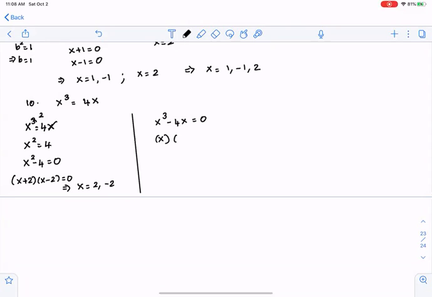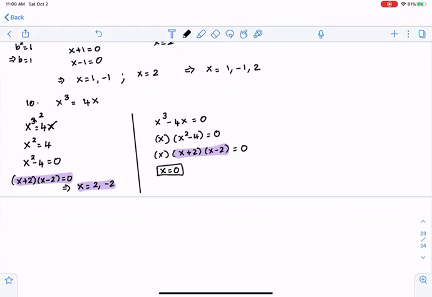If we pull that out, we have x times (x squared minus 4) equals 0. Now I could write x squared minus 4 as (x plus 2) times (x minus 2), so x times (x plus 2) times (x minus 2) equals 0. We already know that x plus 2 times x minus 2 equals 0 gave us 2 solutions. So we have accounted for that. And there is one other factor, which is x equals 0.